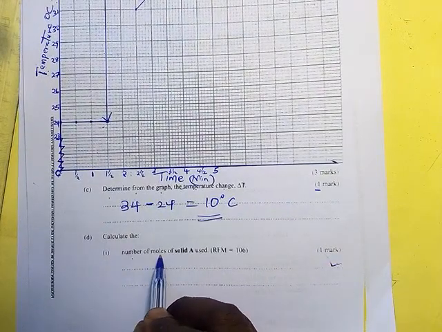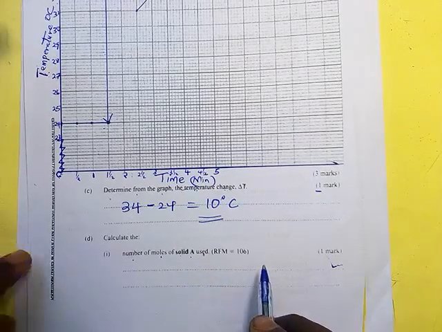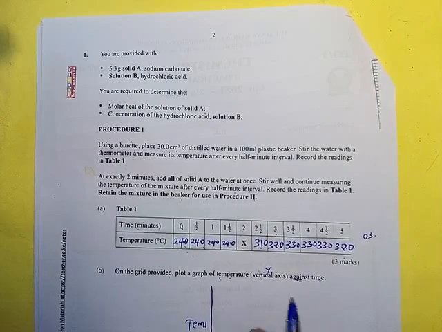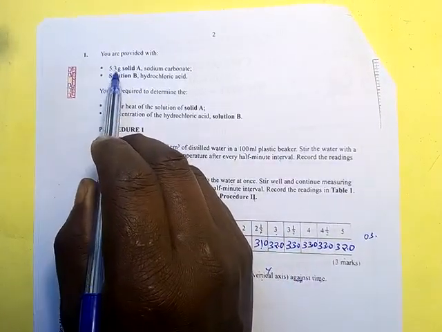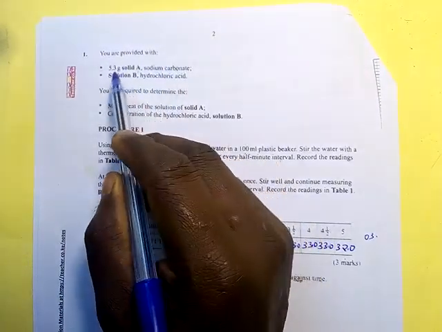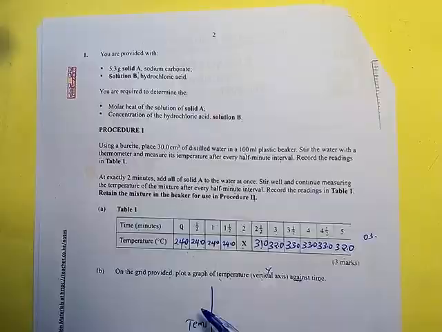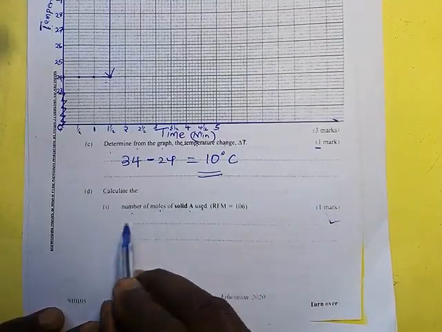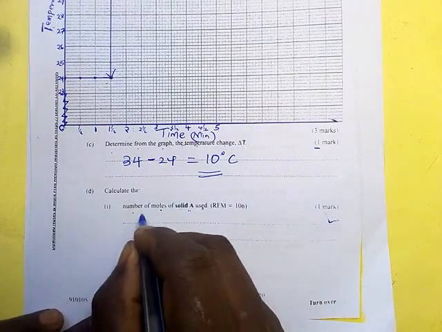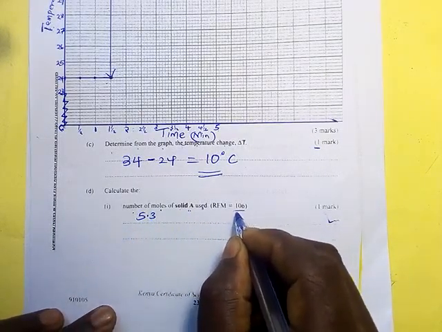Calculate the number of moles of solid A used. So to get solid A, you go back to what you are provided. We are provided with 5.3 grams of solid A, sodium carbonate. So we have the mass, and we have been given the RFM. So the mass of solid A is 5.3, and the RFM is 106.